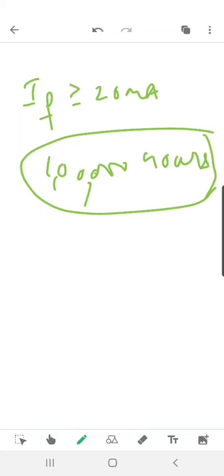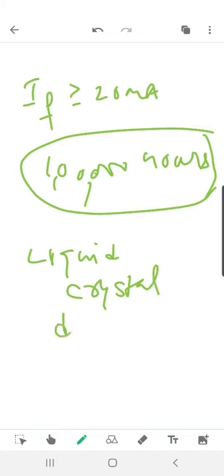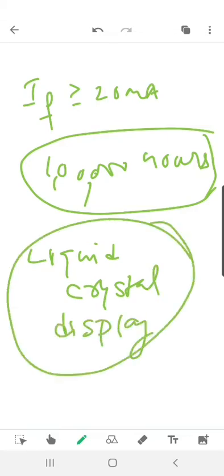Okay. And when we compare, we have another type of display, that is our LCD. LCD is liquid crystal display.